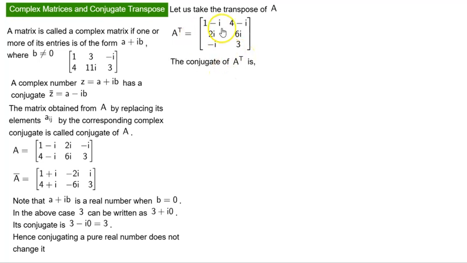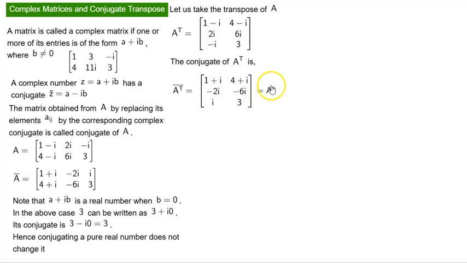The conjugate of this transpose is 1 plus i, 4 plus i, minus 2i, minus 6i, plus i, and 3. So this would be the transpose conjugate of A.